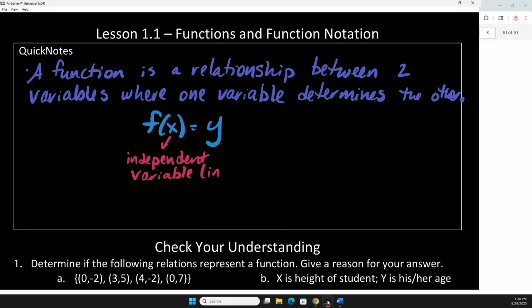Or it's also called the input. So X is what goes into the function, Y is what comes out of the function. So Y is the dependent variable. Or the output.